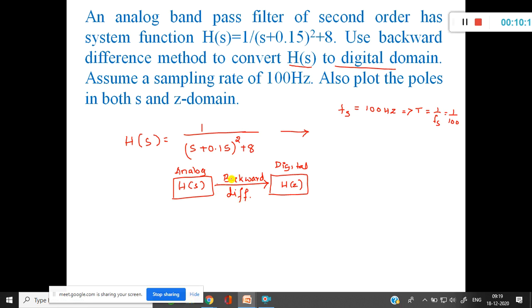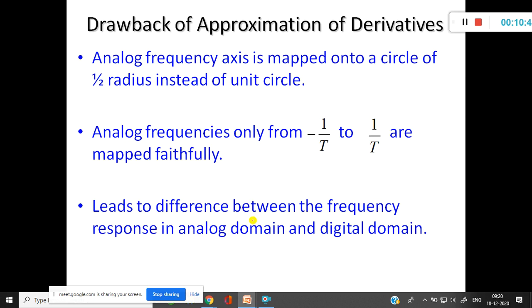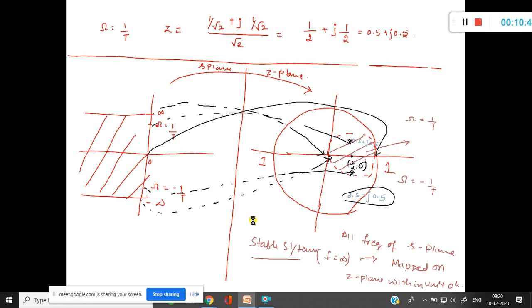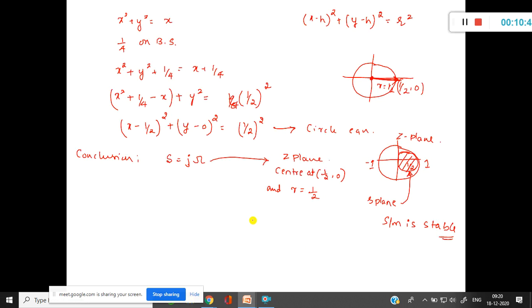How do you solve these examples? By using the backward difference method, for a given H of s, to transfer this to H of z by using this function, I need to replace the s value with this value. That's what we have derived.